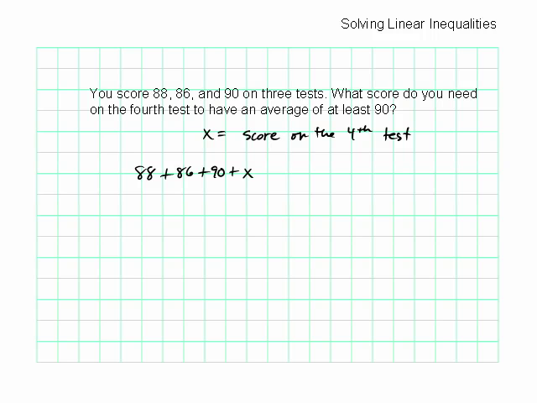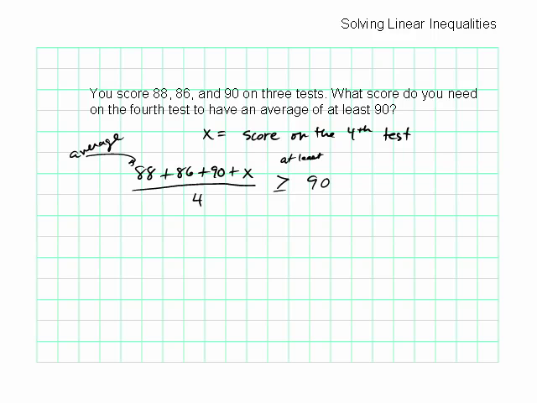And since that's 4 tests, we've got to divide by 4. So this represents the average of our 4 tests. We want to have an average of at least 90. At least means it has to be greater than or equal to 90. This is the inequality that I have to solve.